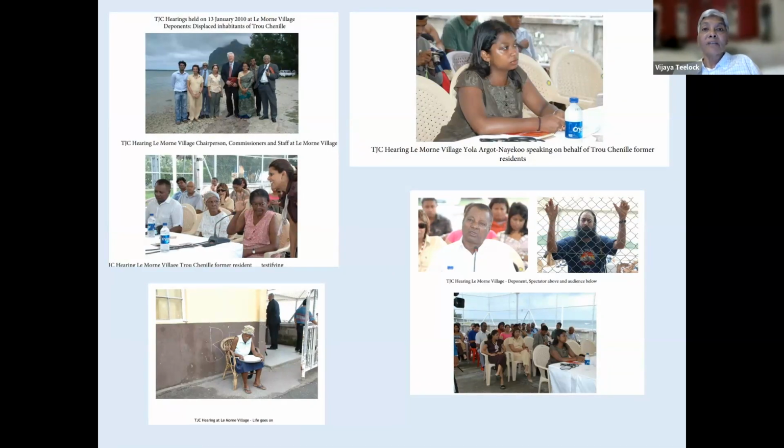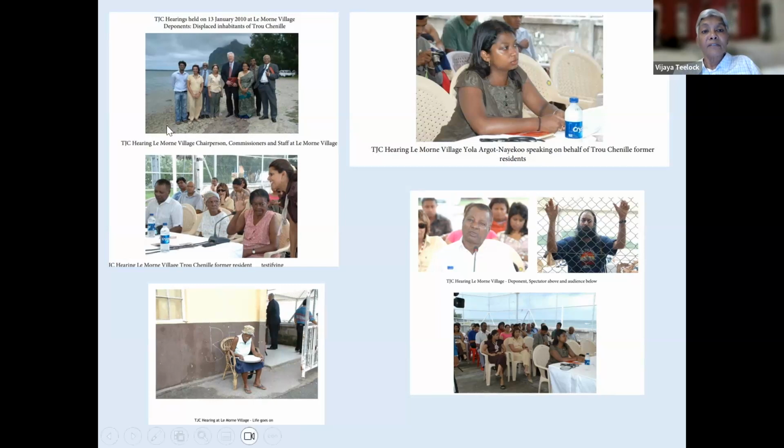The reason given by the landowner was that he needed the land for cattle, deer breeding. Deer is a very important commodity in Mauritius. So he gave 24 hours to the inhabitants to leave their huts, and they were given land elsewhere.